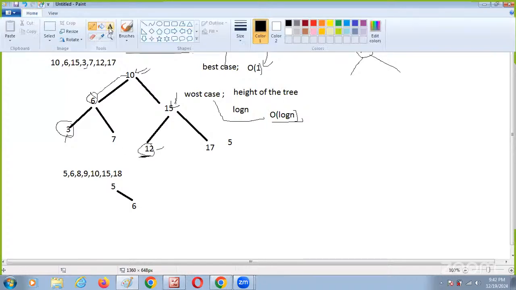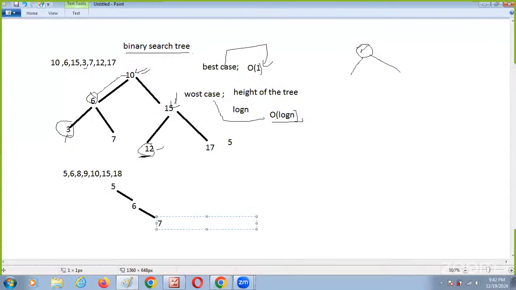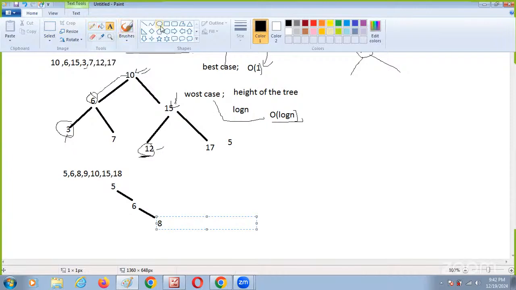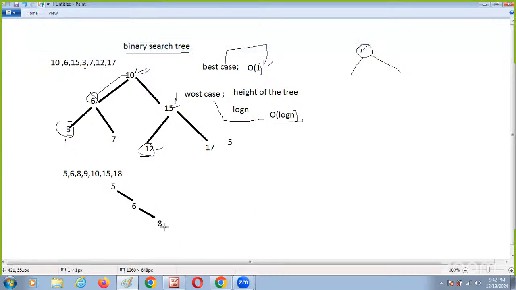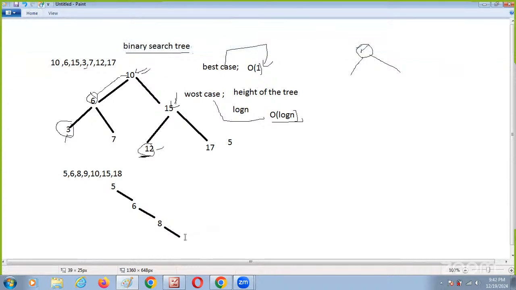Next element is 9, and 9 is greater than 8 only, so I have to draw it like this.